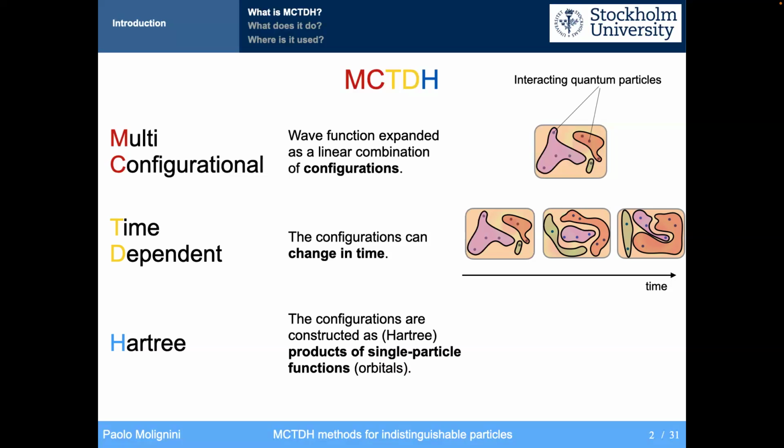And so the configurations in this case, not just the wave function itself, but the configurations will be constructed as Hartree products of single particle functions, what we will call orbitals during this day. So by using the sketch from before, this means that each configuration can be represented as products of single particle wave functions that can contain one or several particles in themselves. So this is just to give you an idea of where the name comes from.